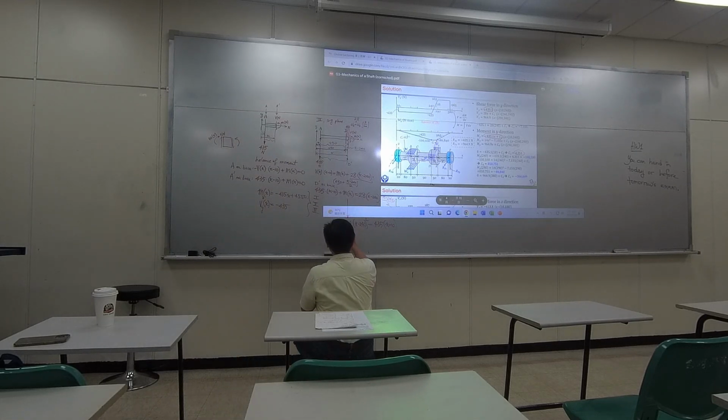If you expand it and collect everything, you have your 14x squared. So you should have 480x times 14, and here you have minus 435x. So do some math.